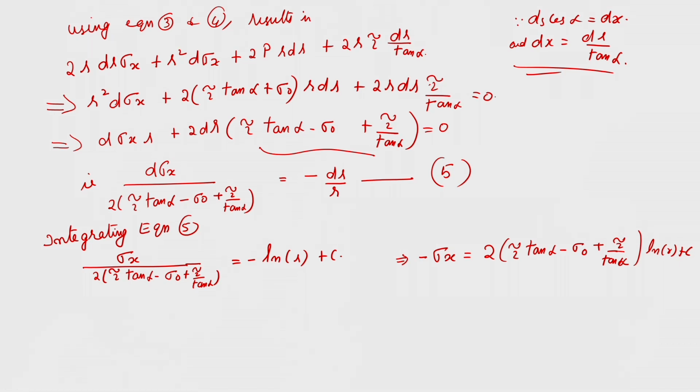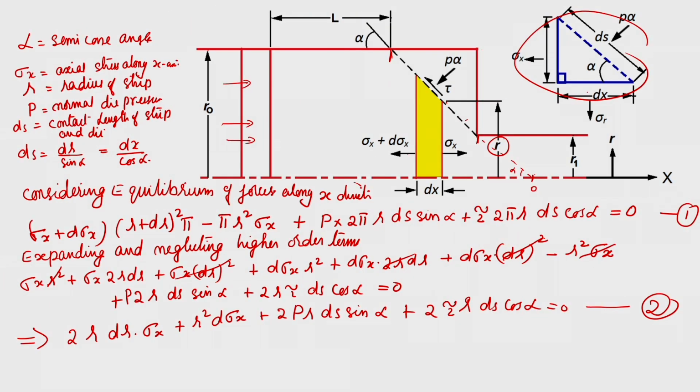Now you apply the boundary condition. What are the boundary conditions? See, at r is equal to r1, when the radius is equal to r1, it is at the exit side. At the exit, the axial stresses are 0. Only inside the die will the stresses come, but once it comes out of the die, the axial stresses are 0.